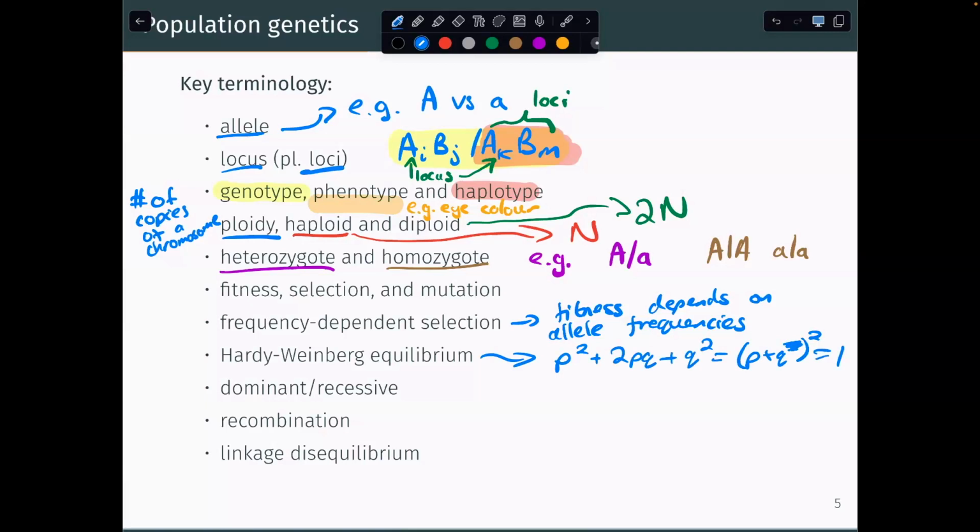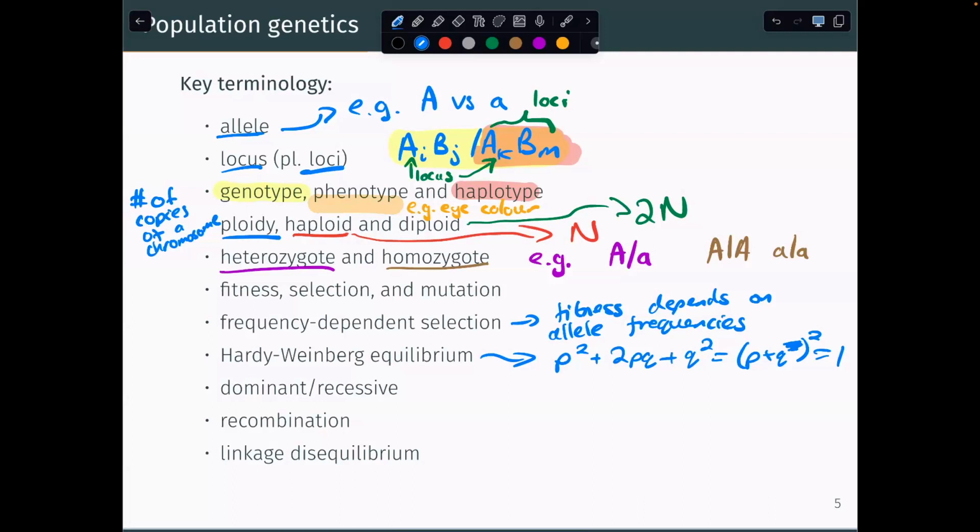And this tells us the frequencies of genotypes. Suppose p is the frequency of big A, then p^2 will be the frequency of AA, big A homozygotes. 2pq will be the frequency of the heterozygotes, and q^2 will be the frequency of the other homozygotes. So Hardy-Weinberg equilibrium is, again, kind of like a null hypothesis. If there's no selection acting, then there should be no change in allele frequencies.